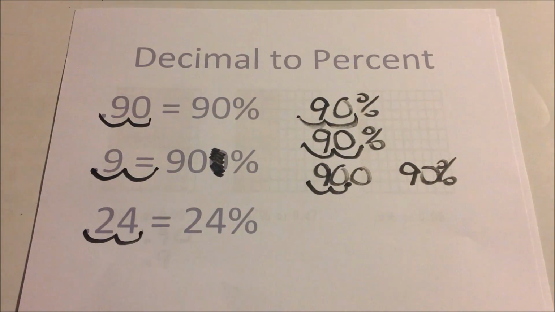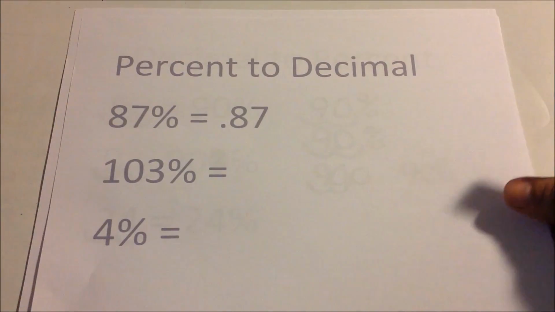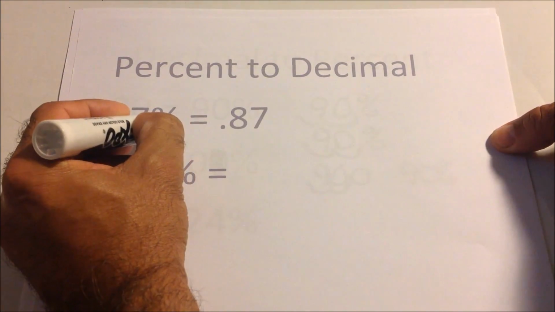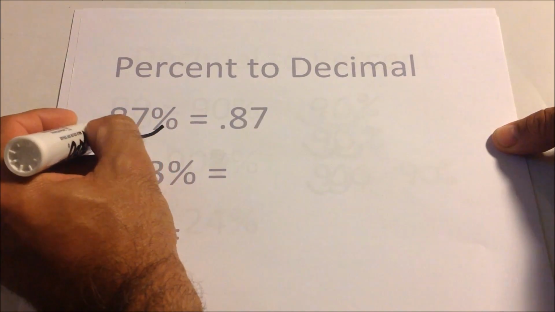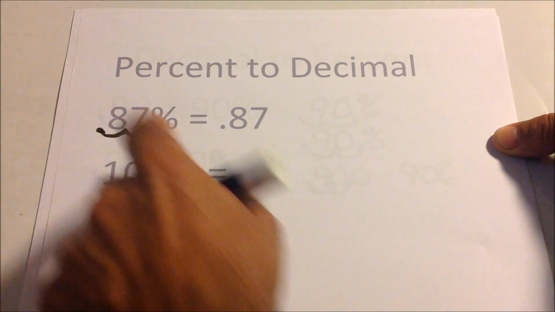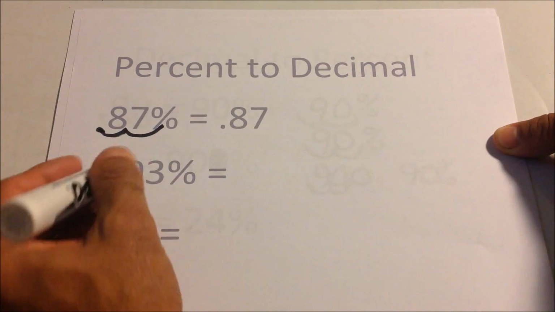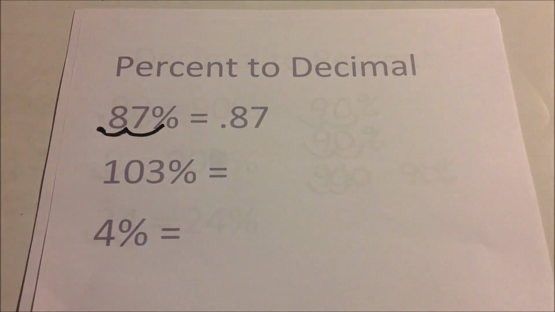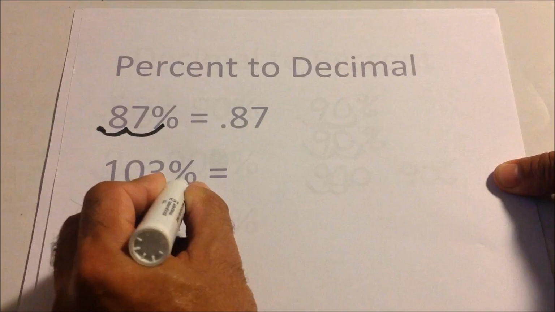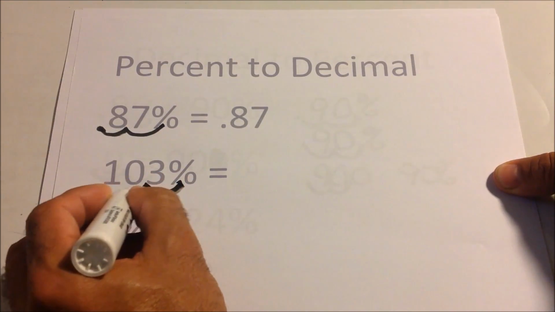And we can do the same thing with percents to decimals, the other way around. If you have 87%, you move the percent sign twice to the left and turn it into a decimal. So it becomes 0.87. What about this one? What would these two be as decimals? How many times am I moving this? Twice to the left. 1, 2.